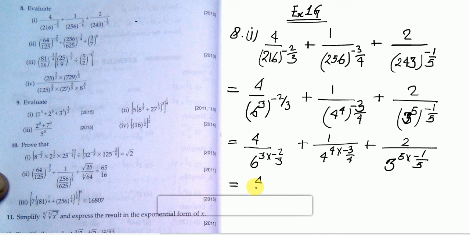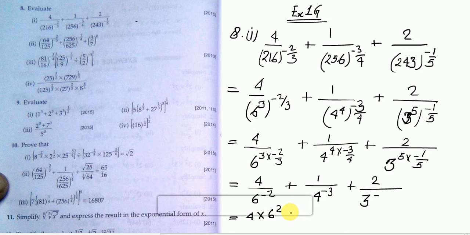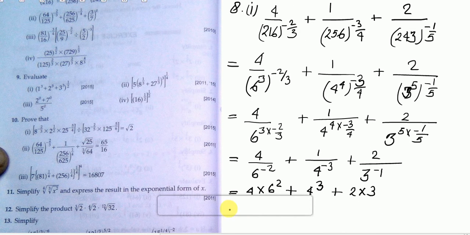And 4 raised to the power 6 raised to the power -2 plus 1 by 4 raised to the power -3 plus 2 by 3 raised to the power -1, and 4 into 6 raised to the power 2, 4 raised to the power 3 and -1, 2 into 3. 4 into 36 plus 4 cube 64 plus 2 into 3 is 6, and 4 into 36 is 144 and 64 plus 6 is 70, and 4 is 7 and 4 is 11 and 2 is 1, 4.